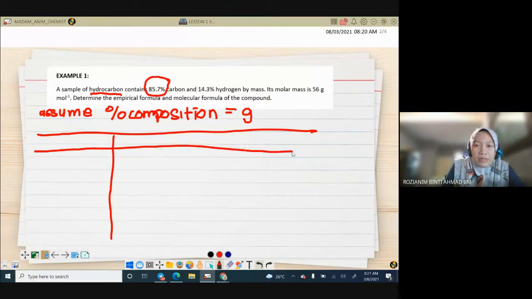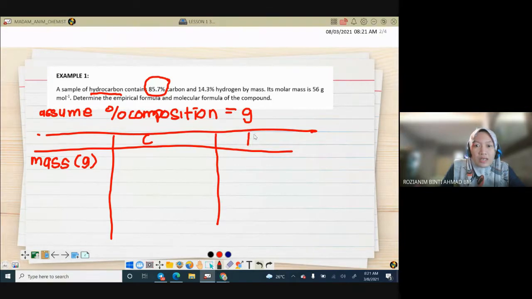Ni pernah belajar masa SPM. Okay, so this is kita refer kepada percentage kita punya. Percentage ataupun disebabkan kita buat assume, so bermaksud kita boleh terus label dekat sini adalah mass of substance. Okay, so this is for second here is mass. Okay, the unit is gram. Okay, and our element consists carbon and kita ada elemen hydrogen.